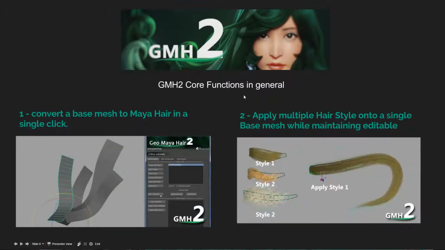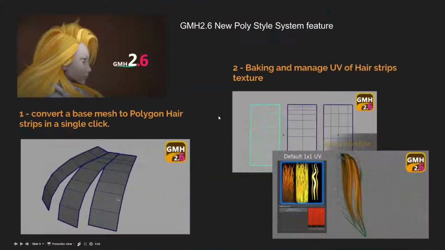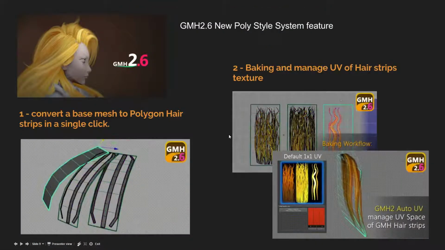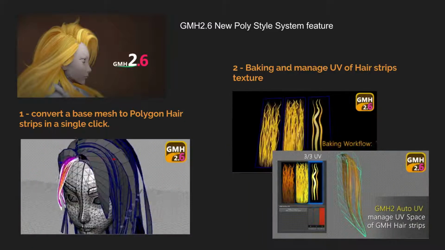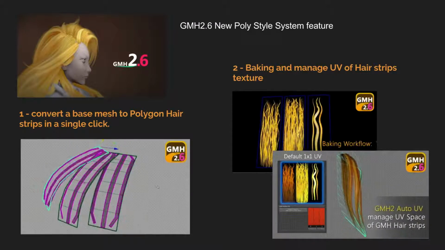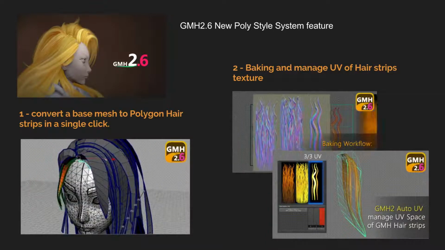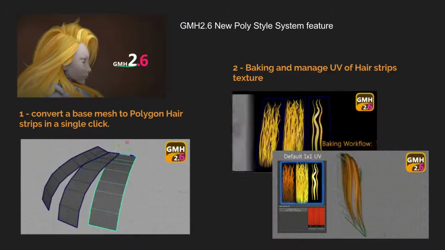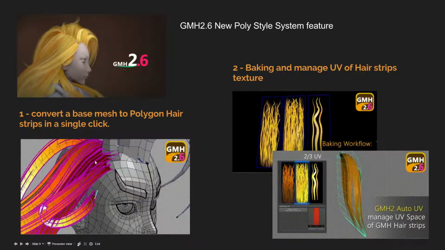Alright, the next cool thing is the polygon hairstyle. Yes, polygon hairstyle. I call it so because we have 2 distinctive style systems. One is the Maya hairstyle system, and the other one is this one, the poly style system. It allows users to convert any polygon mesh to polygon hair strips, like you see in the GIF below.